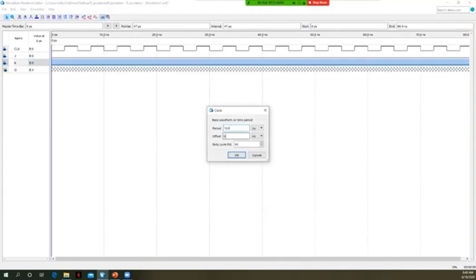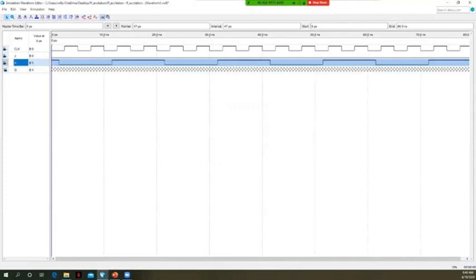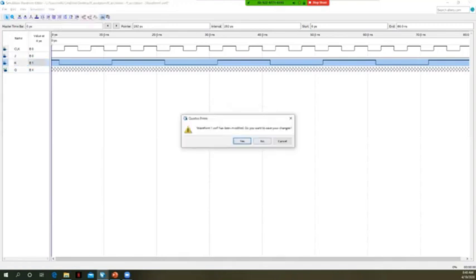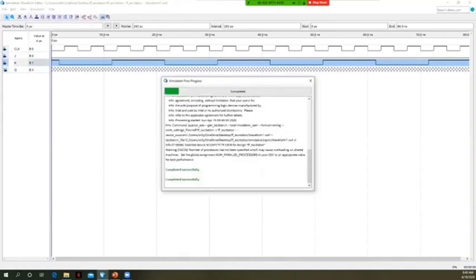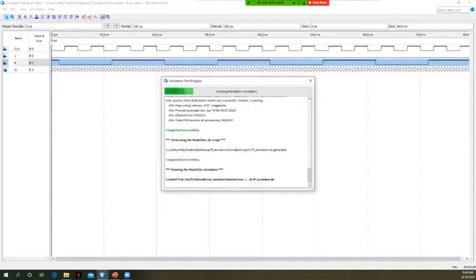Let's maybe offset this. So K is going to transition between 1 and 0 here. Let's run the simulation and save it, so we can see the results before I start talking about them.